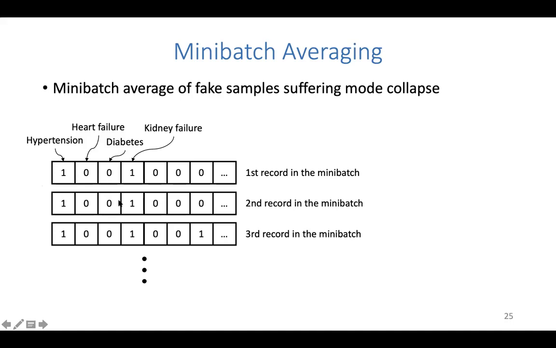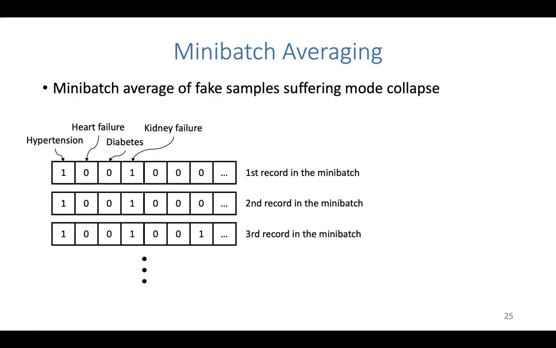The second record is exactly the same. Hypertension and kidney failure 1, all the others 0. The third example, hypertension and kidney failure both 1, and maybe for the seventh disease this was also 1, but at least this and this are still the same. Hypertension and kidney failure are all 1 because maybe this is the easiest combination to fool the discriminator.